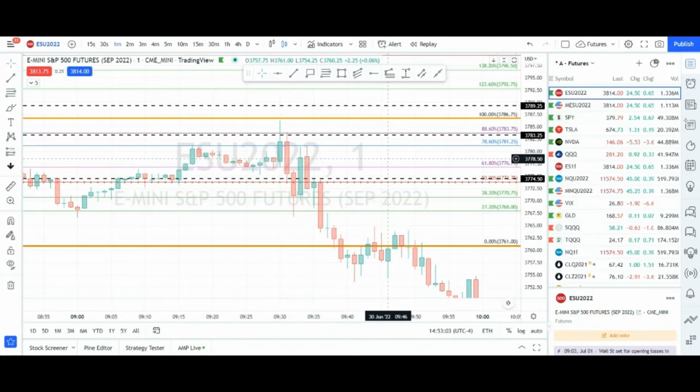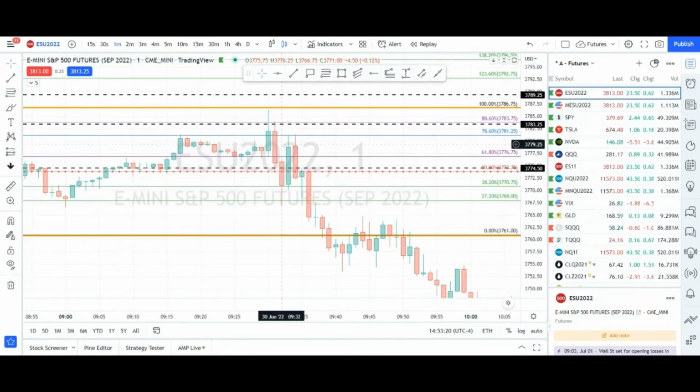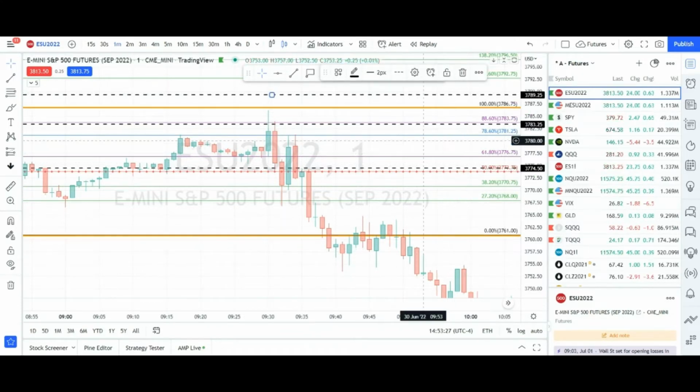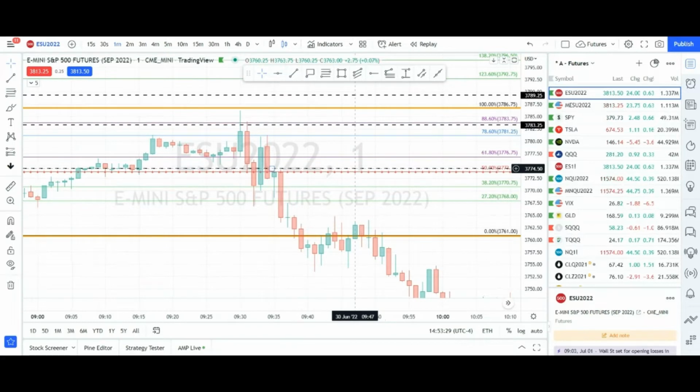But initially, we are greedy, we want to take the profit, but banks and institutions are running the market, so you don't know when the market will retrace back and change. If you try to take more profit and don't trail your stop loss from here, the market can go back again and you can lose whatever profit you took. So the first target is this level.